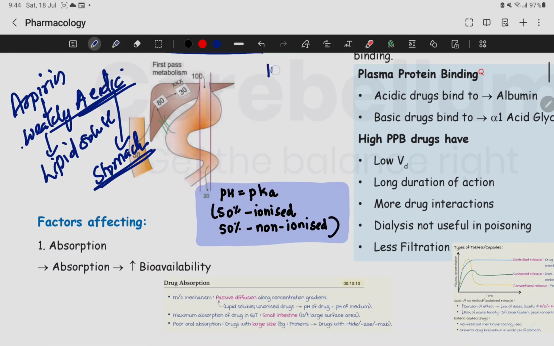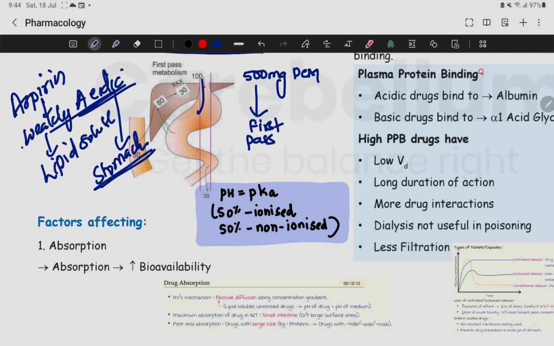For example, you take 100 mg of aspirin, or 500 mg of paracetamol. After first pass metabolism, what is first pass metabolism? A certain amount of drug gets metabolized in the liver; that is called first pass metabolism.